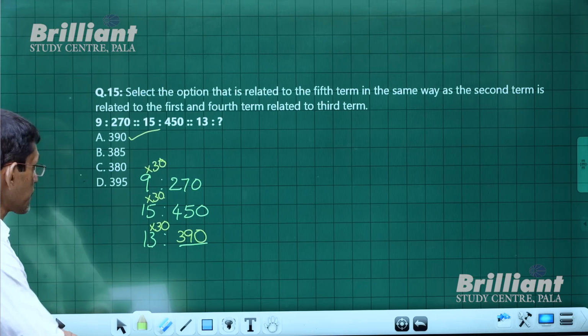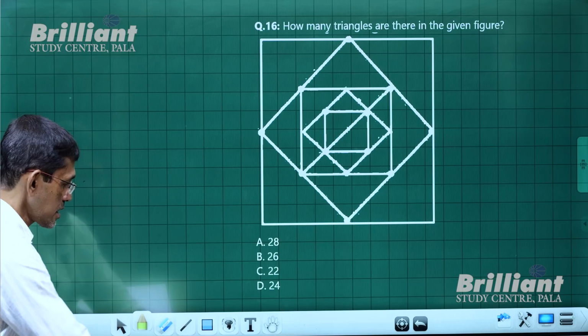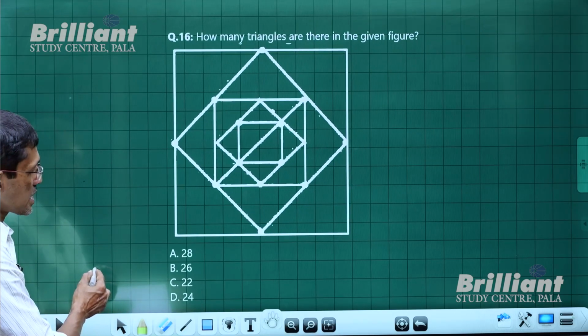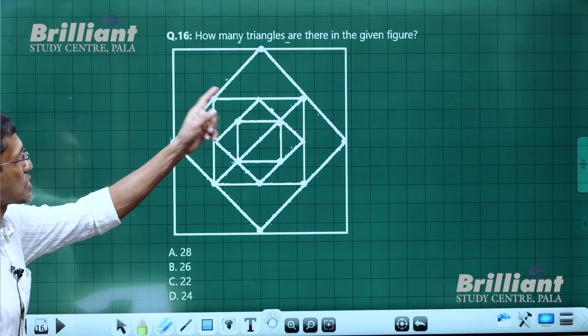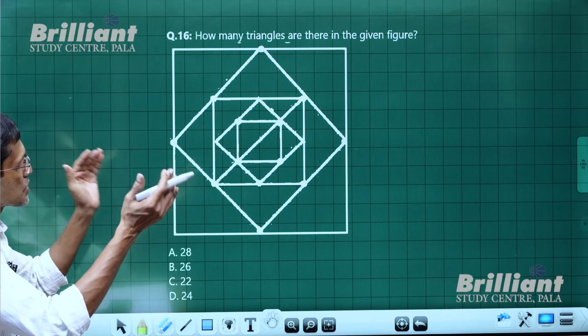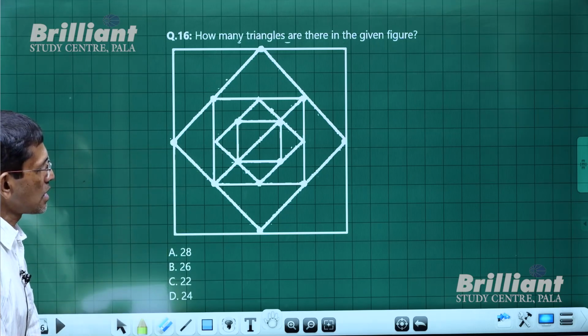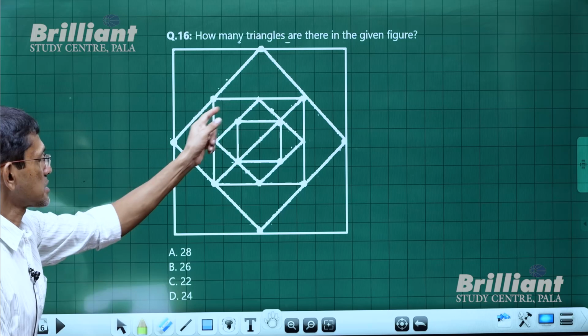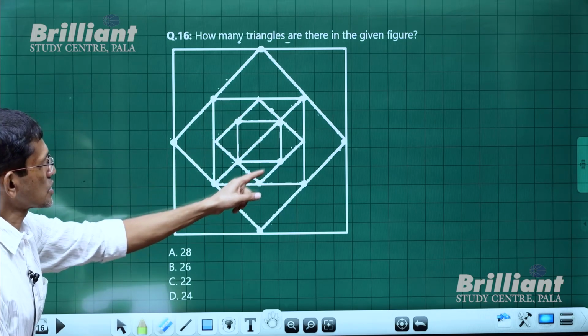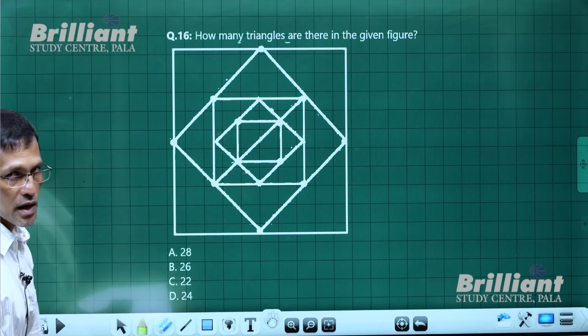And what we are looking for is the next question. Okay, this is interesting. That is figure partition and counting. So we have a large square here that is partitioned into smaller pieces, and we have different shapes. Some of them are squares, and this one looks like a rhombus as well.